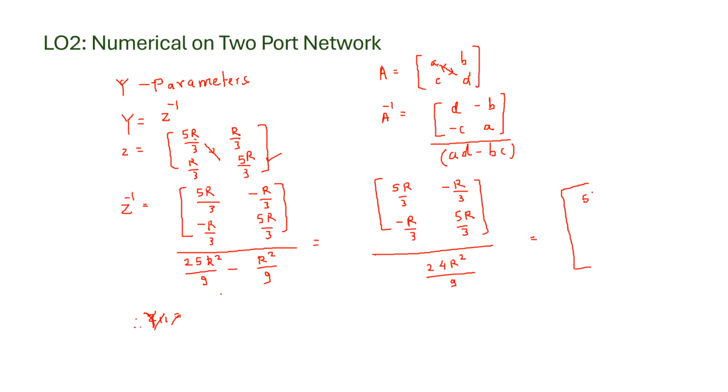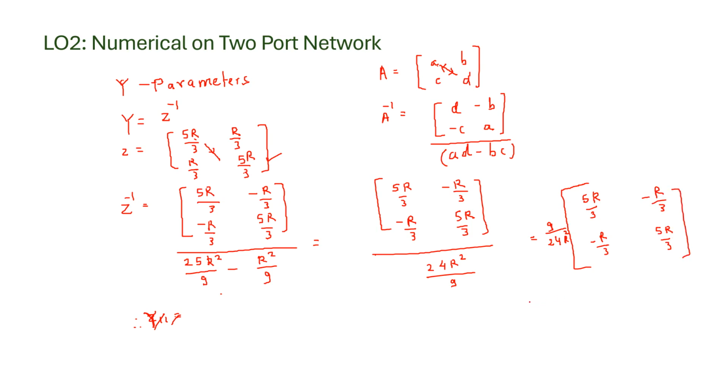So this is 5R by 3, multiplied by 9 divided by 24R square, minus R by 3, minus R by 3, 5R by 3.